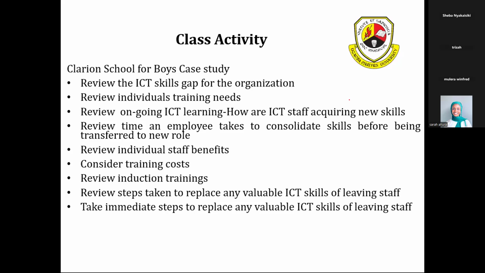It is simply a brainstorming process. You review the ICT skills gap for the organization, review individual training needs, review ongoing ICT learning, how the ICT staff are acquiring skills, and so on and so forth. We want to see what you would include in their training policy for Clarion School for Boys, the case that you have.